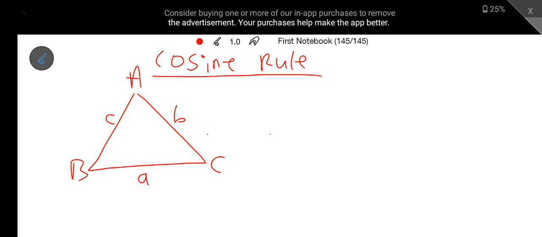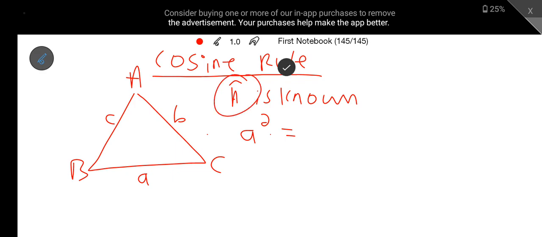Let's say we know angle A. So if A is known, this is what we're going to do. The cosine rule will go like this. Because A is known, you will start with A. It will say that A squared is equal to, remember this is the angle, we are knowing the angle A. It will be equal to the sum of the squares of the sides which are in between this angle.